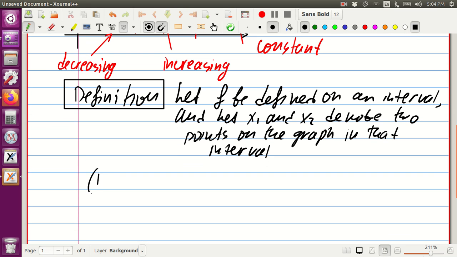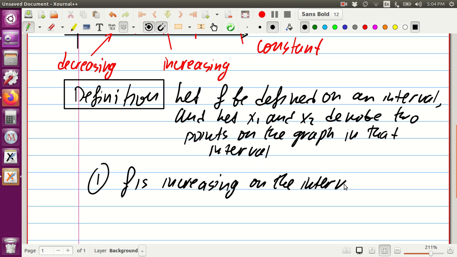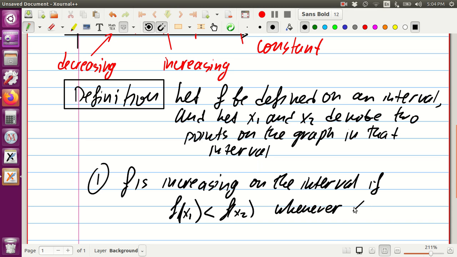So the first definition that we can make is f is increasing on the interval if f of x1 is smaller than f of x2 whenever x1 is smaller than x2.